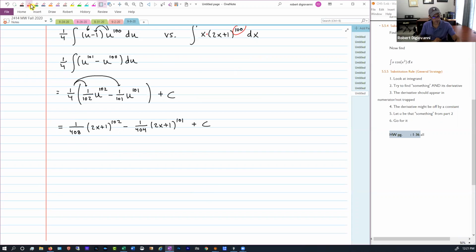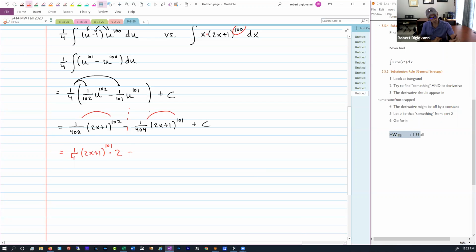Okay, I'm going to do these separately. 102 comes out. When I do 102 over 408, I get 1/4, and then I get 2x plus 1 to the 101. I subtract 1 from the power, but then times 2 because of the chain rule, the derivative of the inside.